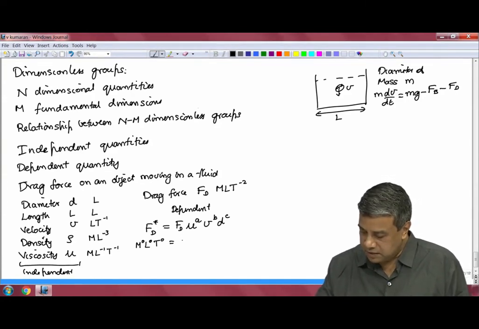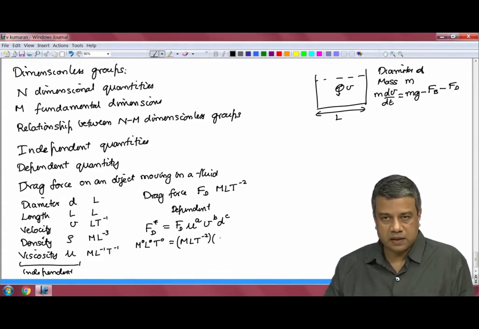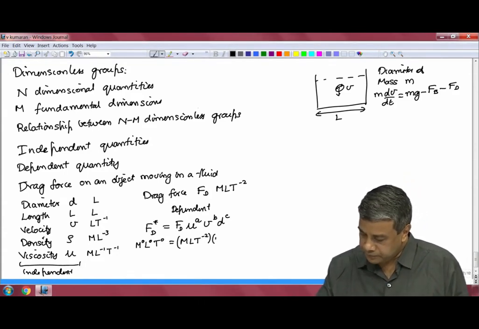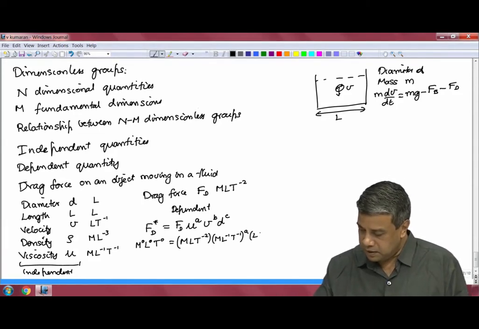On the right hand side, the force has dimension M L T^-2, the viscosity power a, velocity power b, (L T^-1) power b, times L power c.